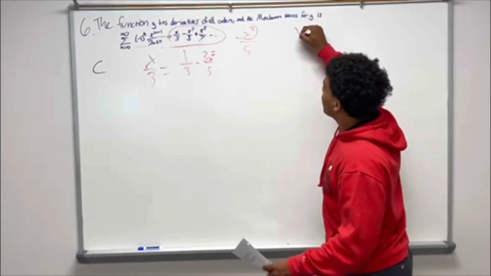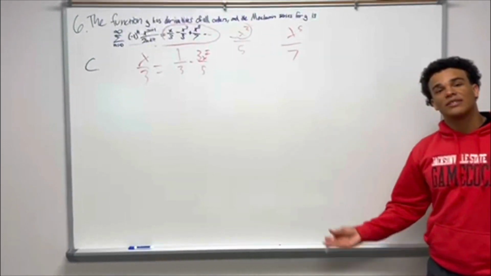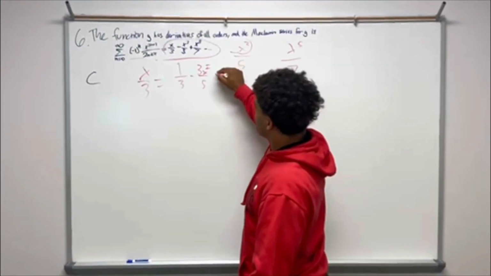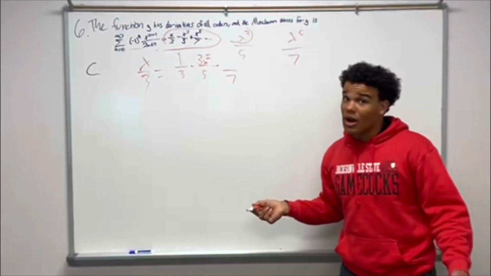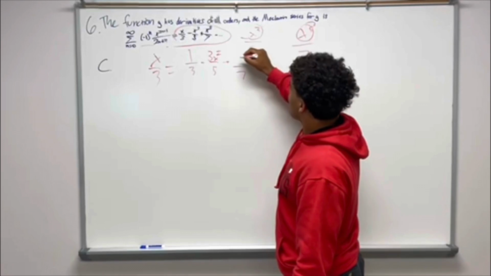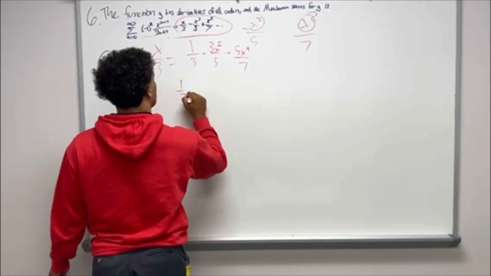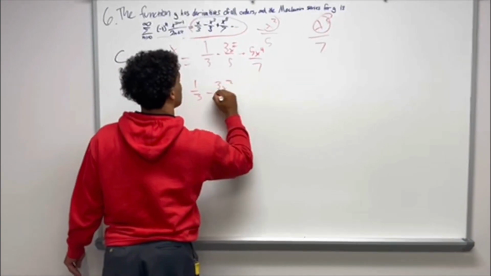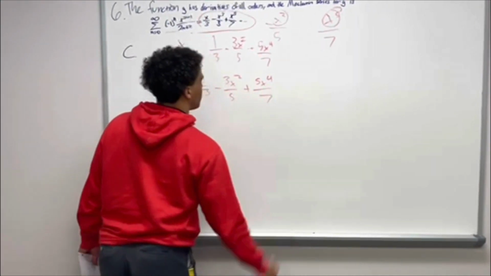And then we got positive x to the fifth over 7, it's positive, and the 7 stays the same, right, constant. So then we got a derivative of it, 5x to the fourth. So our first three terms are 1/3 minus 3x squared over 5 plus 5x to the 4 over 7, right?